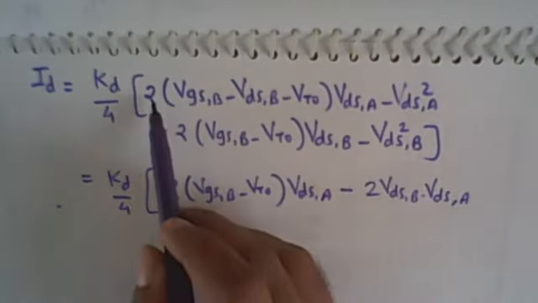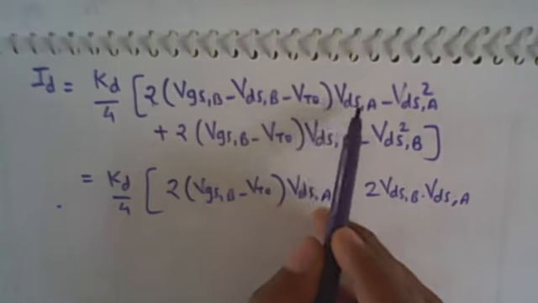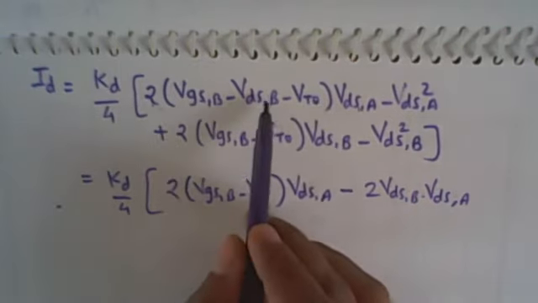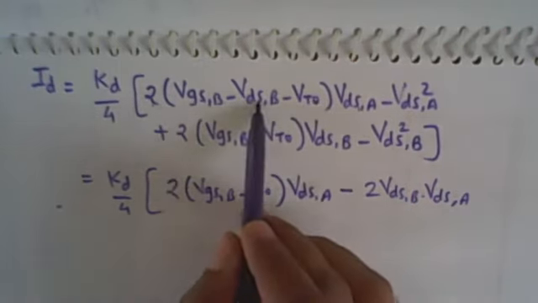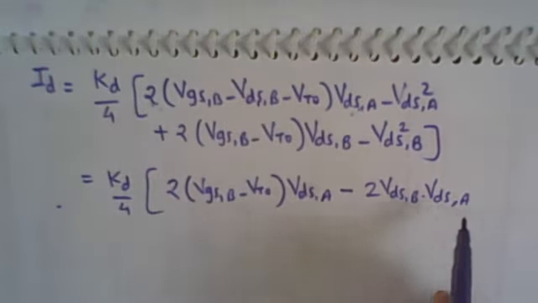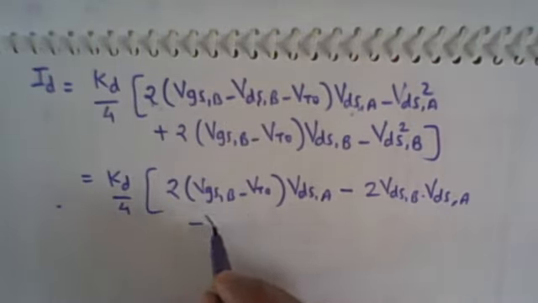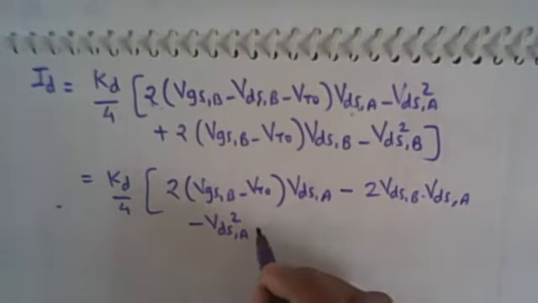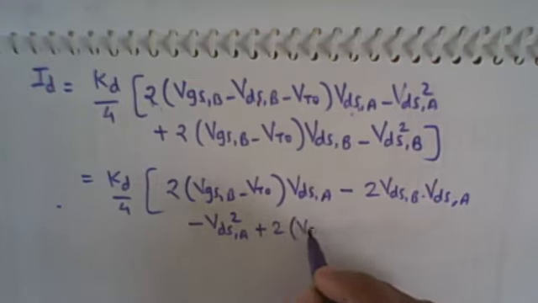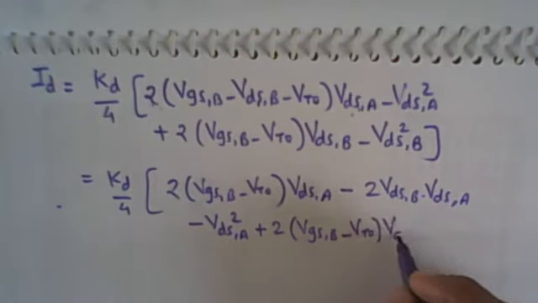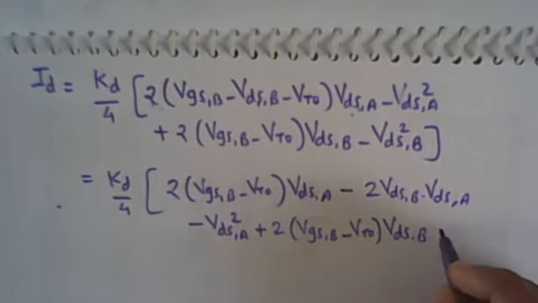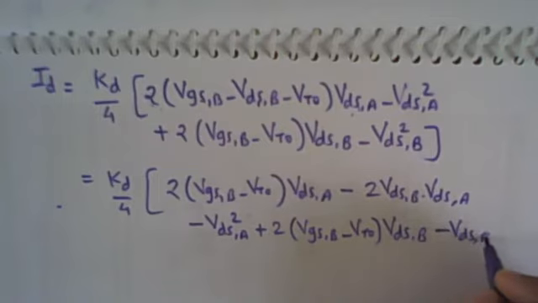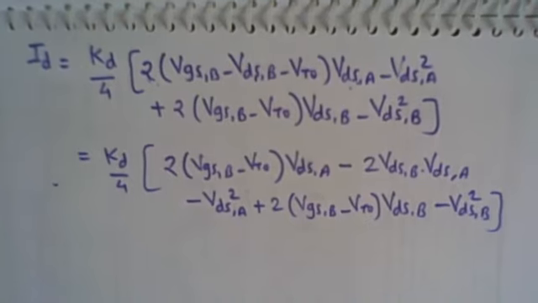So this term I am dividing in two parts, 2 VGS minus VTO into VDS, and minus 2 VDS of B into VDS of A, minus VDS of A square, this term, plus 2 VGS of B minus VTO into VDS of B minus VDS of B square, minus VDS of B square.